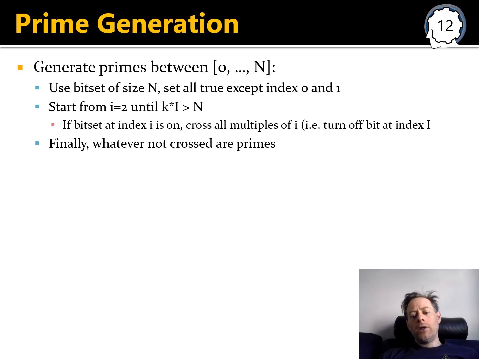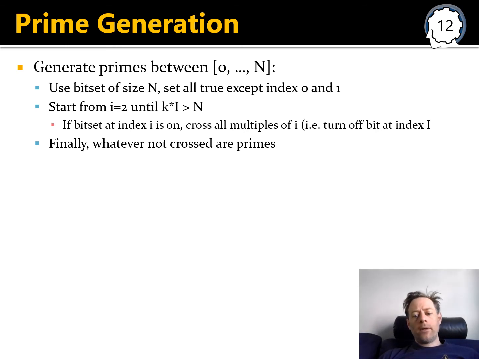So, in order to calculate the primes so that we can check if a number is divisible by any prime, we need a method for actually generating the primes. And that we can do using a bit set. So we have a bit set of n bits, and we then basically cross out all the multiples of a prime number.